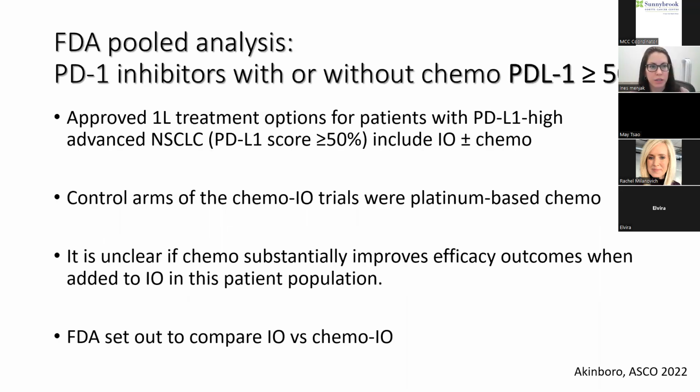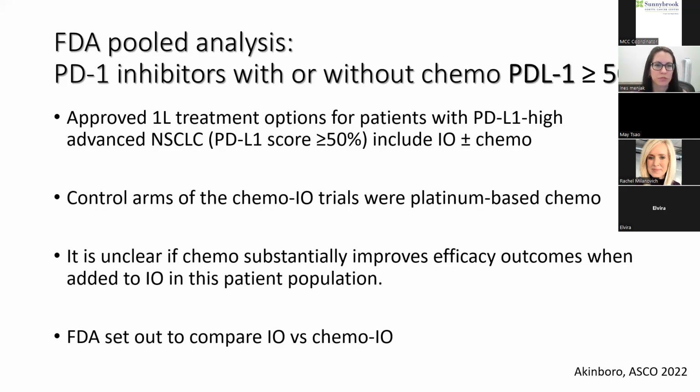So for the patients with high PD-L1, the FDA did a pooled analysis, which was presented at ASCO. First line treatment options for patients with high PD-L1 in the first line setting include monotherapy with immunotherapy, but also the combination is approved and proven.